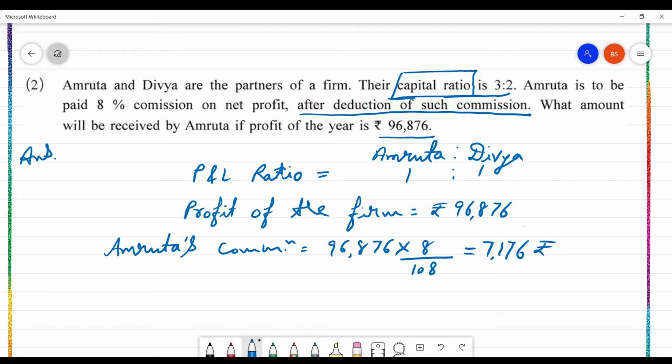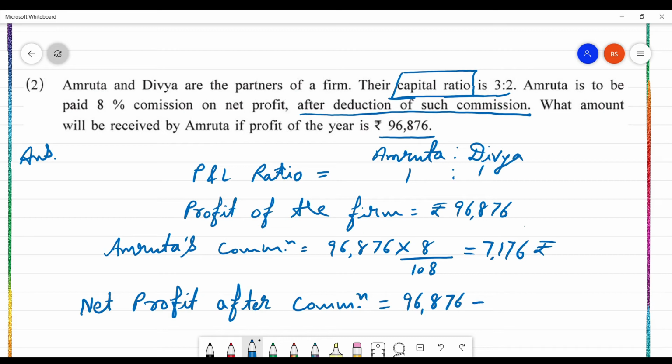After that, we will find out net profit after commission. 96,876 deduct 7,176. It will be 89,700 rupees.